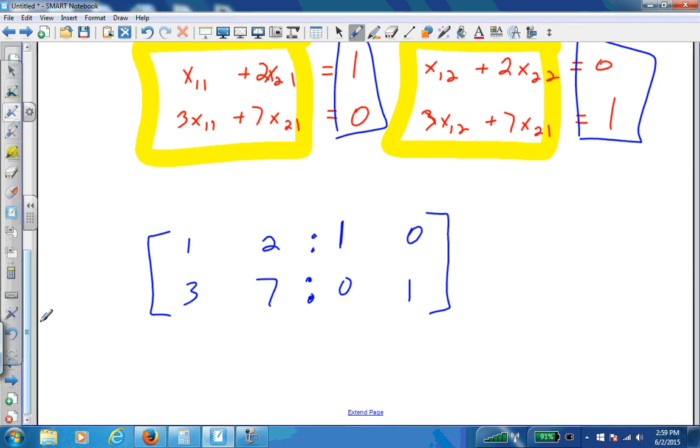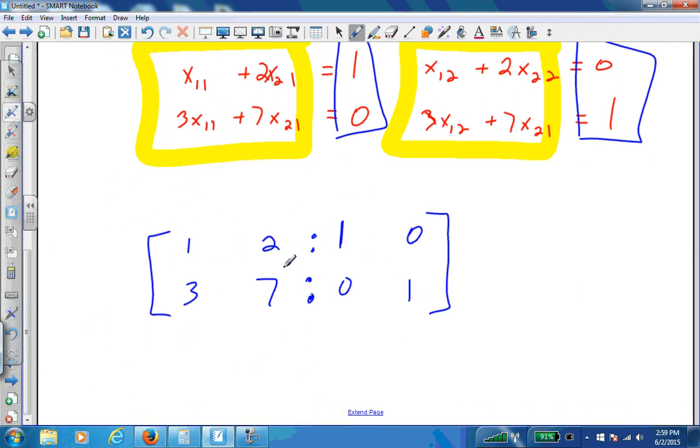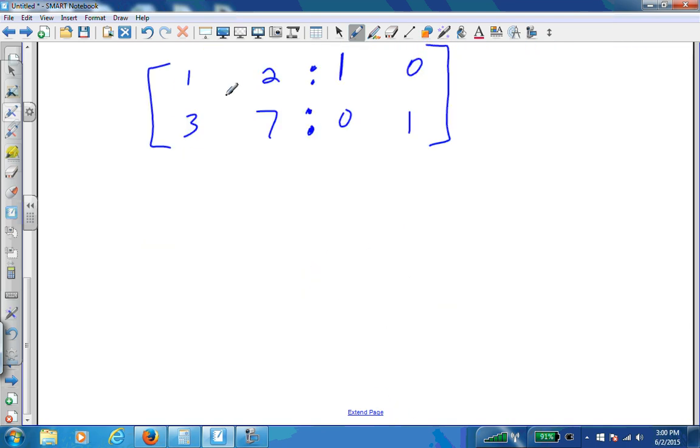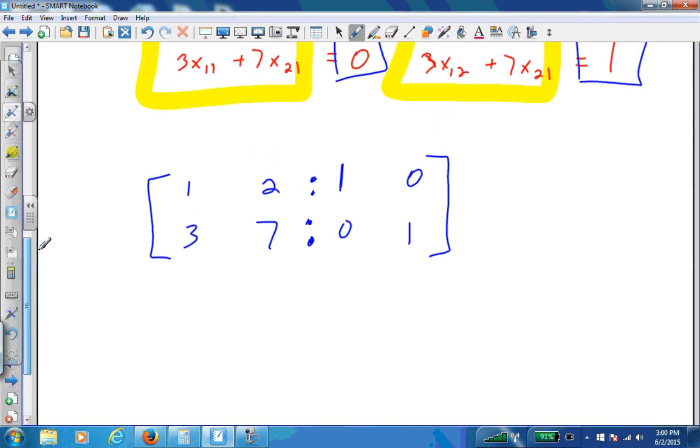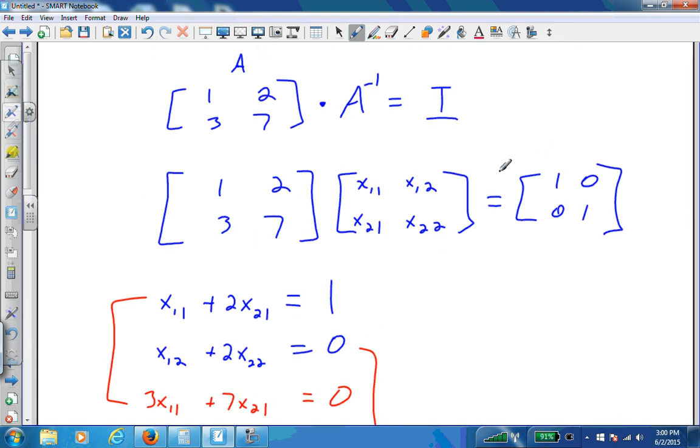So essentially, without getting lost in all these details, if we have a square matrix, we can put it on the left. We can put an identity matrix of the corresponding size on the right of an augmented matrix. We can reduce this to reduced row echelon form, and if we can get an identity on the left, then what we have on the right will be the inverse of our original matrix.